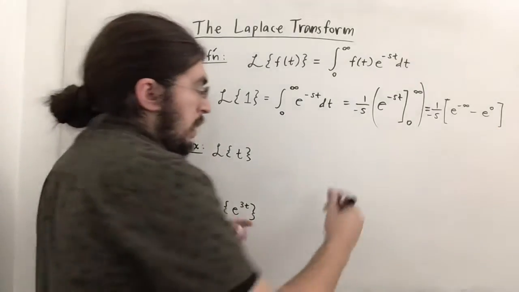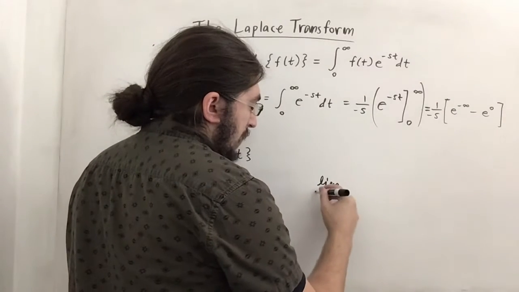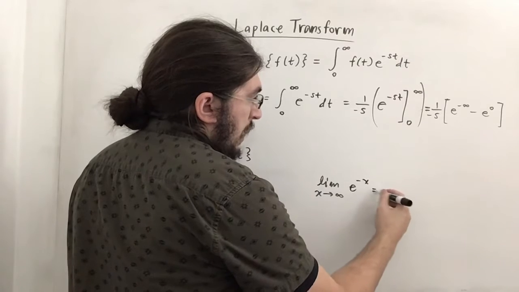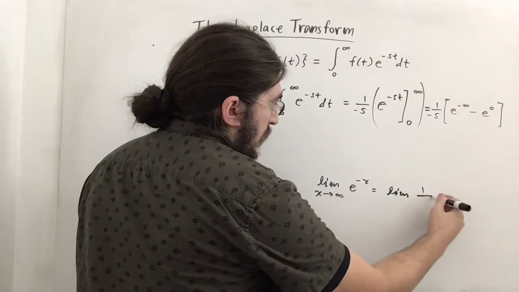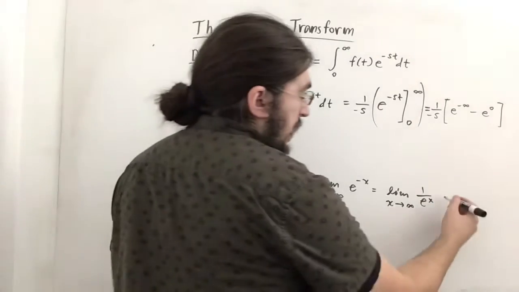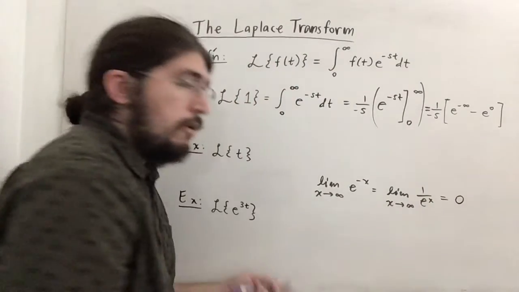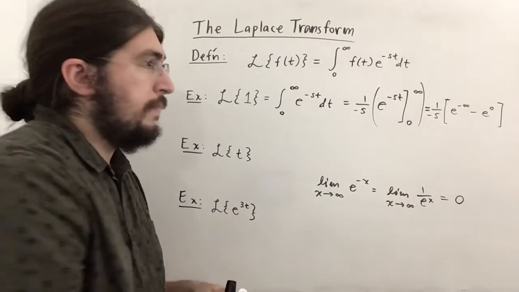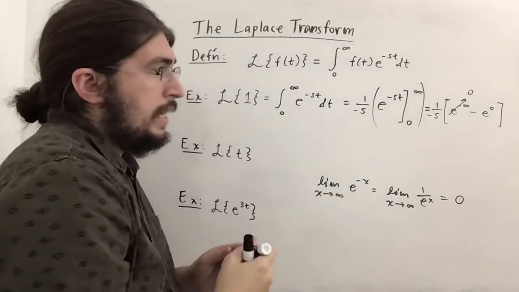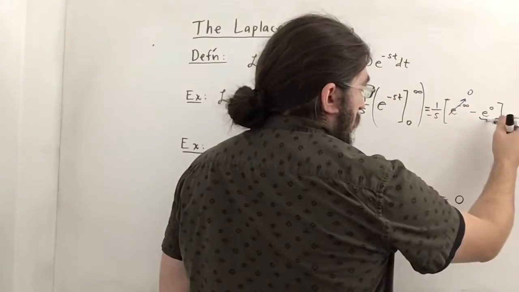But we know that this really means the limit as x goes to infinity of e to the negative x. And we also know that e to the negative x is 1 over e to the x, and e to the x goes to infinity as x goes to infinity. So this whole limit goes to 0 because the denominator blows up to infinity. So e to the negative infinity we can think of as just being 0. And e to the 0, of course, is just 1.